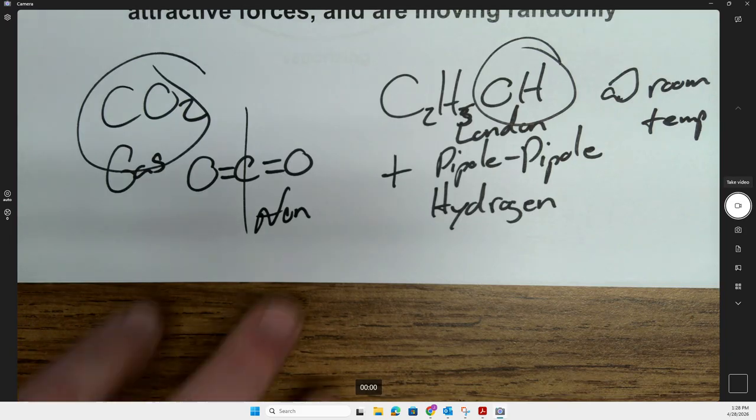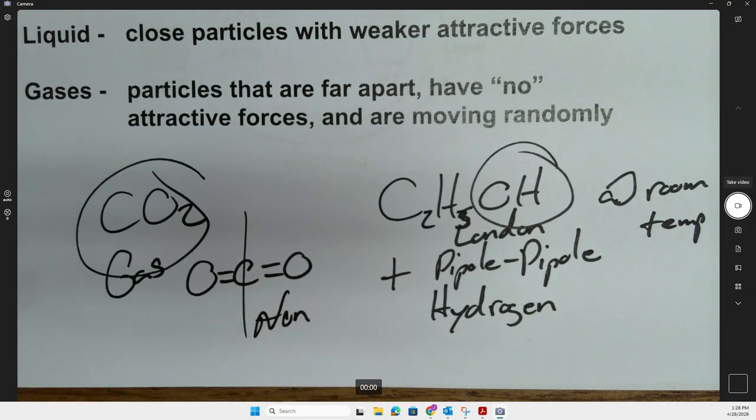Remember, a gas has little to no interactions with each other. The molecules are far apart because they're not attracted towards each other. They're moving around randomly. A lot of space for the carbon dioxide to move. By knowing a little bit about the molecule, I can tell what state it's going to be in at any given spot.